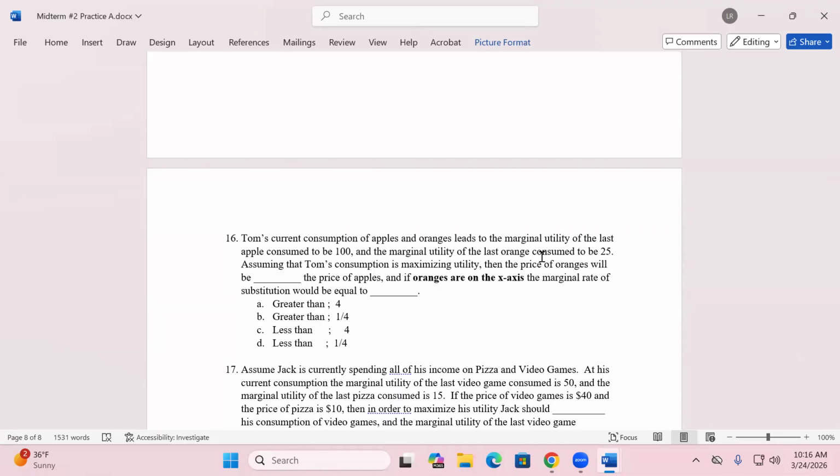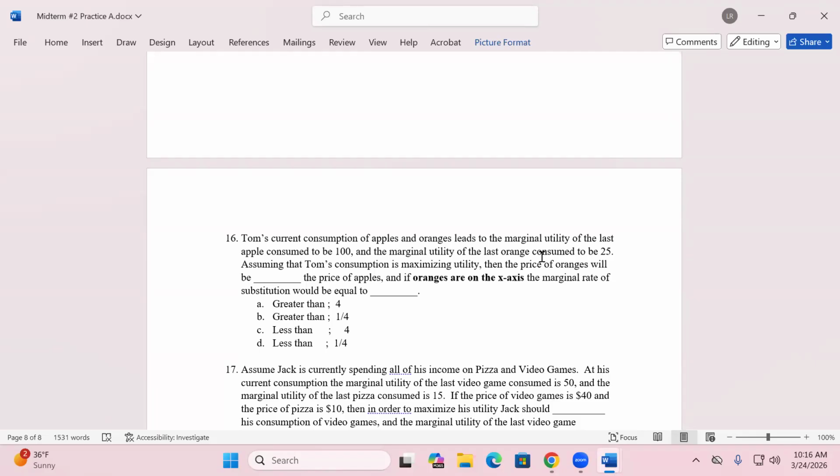Okay. So if I'm thinking about an example, in question 16, I'm telling you the marginal utility of, excuse me, apples and oranges. And so here we'll just kind of make oranges on the x-axis.